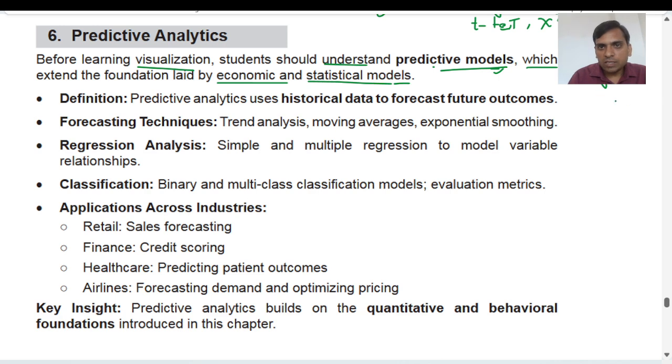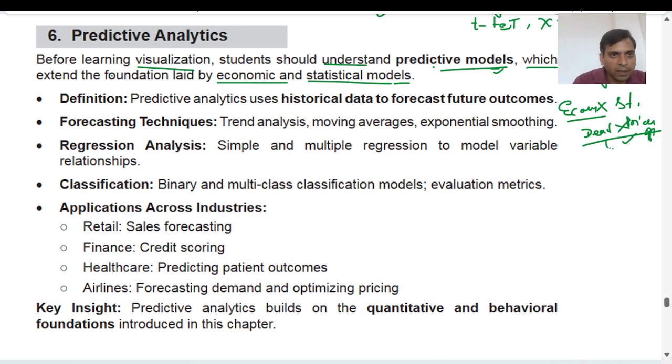Regression is a statistical method, and generally we use this model in economics, meaning in prediction of demand and price, or to find the relationship between demand and price. If price increases, then demand decreases or increases.